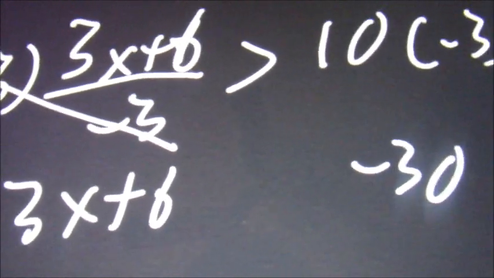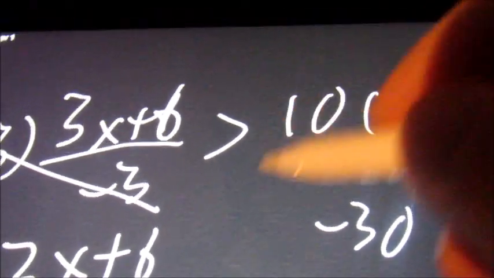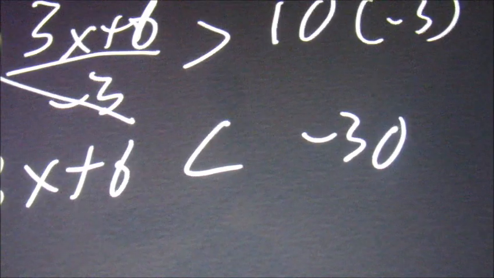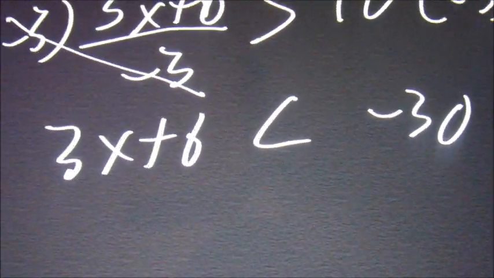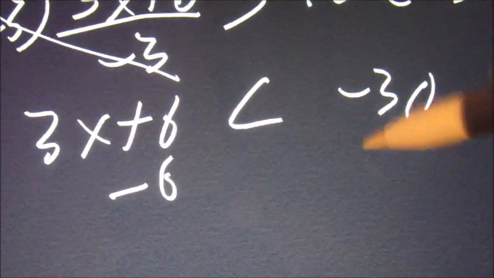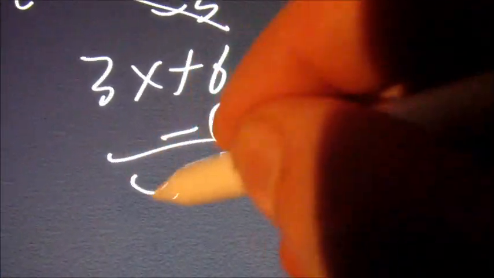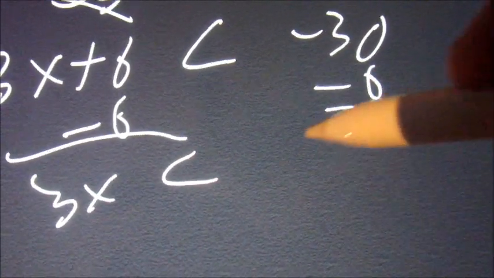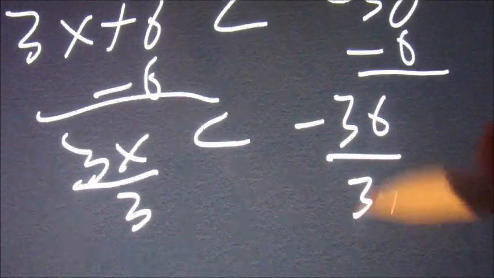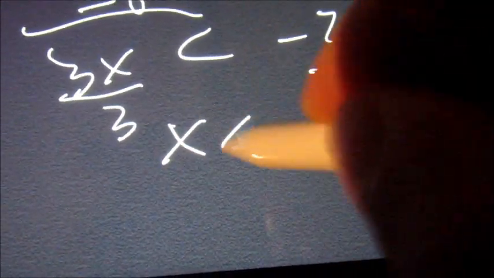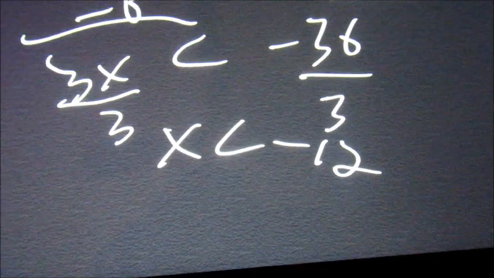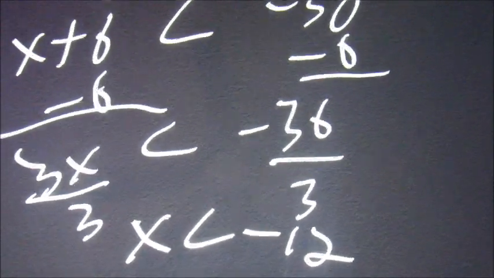Because we multiplied by a negative number, we have to switch the direction. So we have less than negative 30. Now we subtract the 6 from both sides. And we get 3x is less than negative 36. Divide both sides by 3. And we get x is less than negative 12. And that would be our answer here.